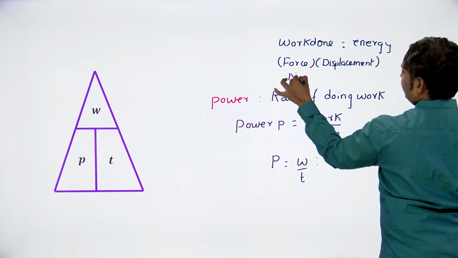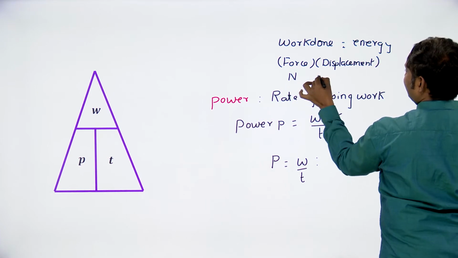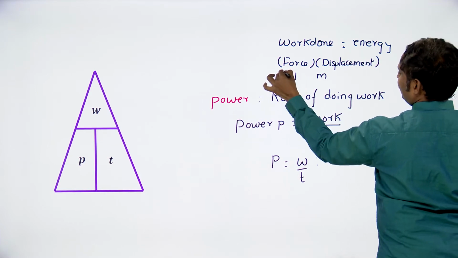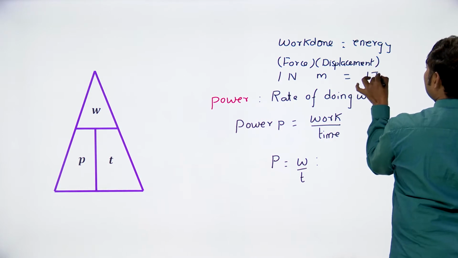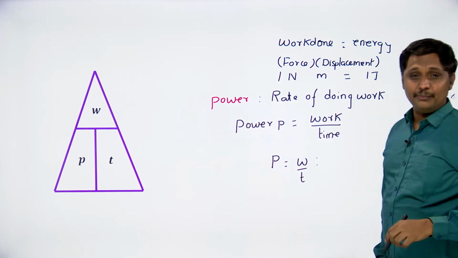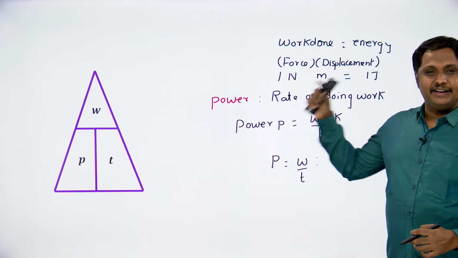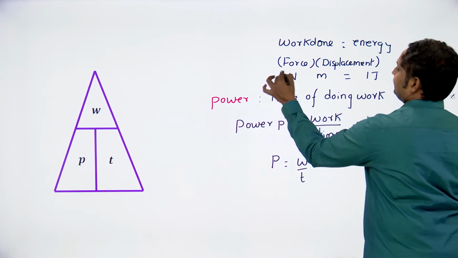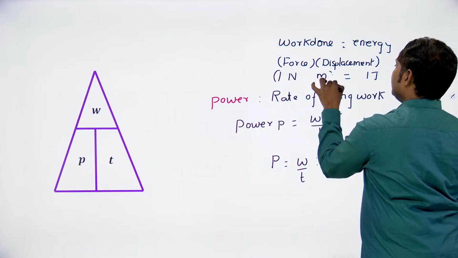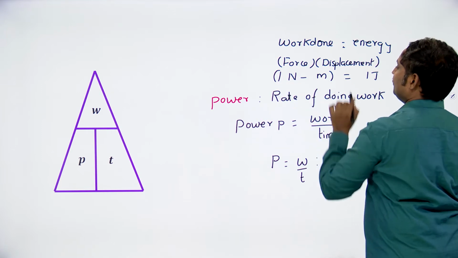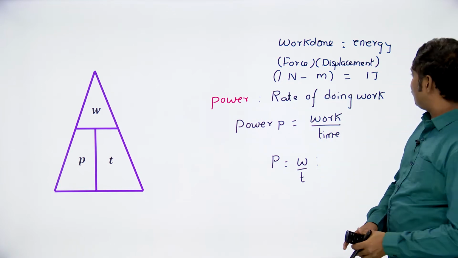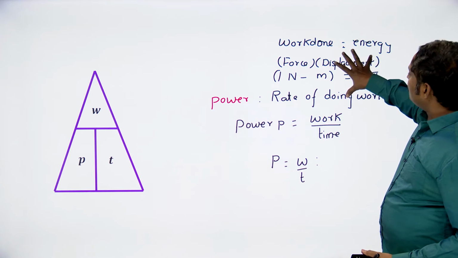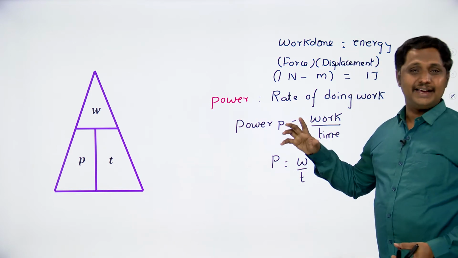You can take Newton for force, and displacement is going to be meter. Let us assume 1 Newton meter is 1 joule. Easily you will confirm that 1 joule is the derived unit. So, work done is nothing but energy.